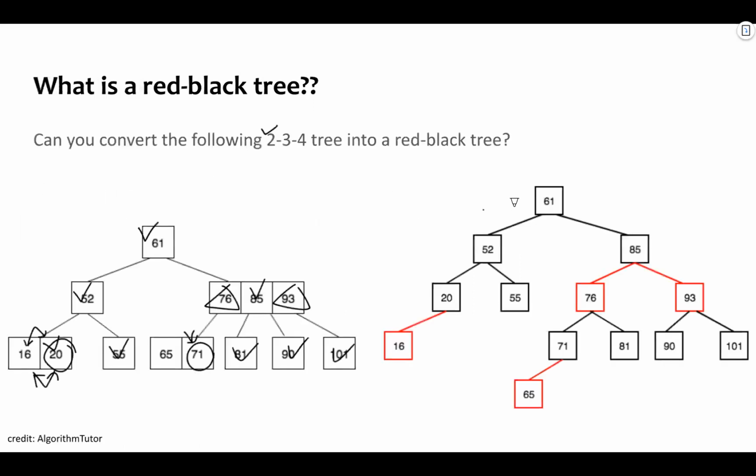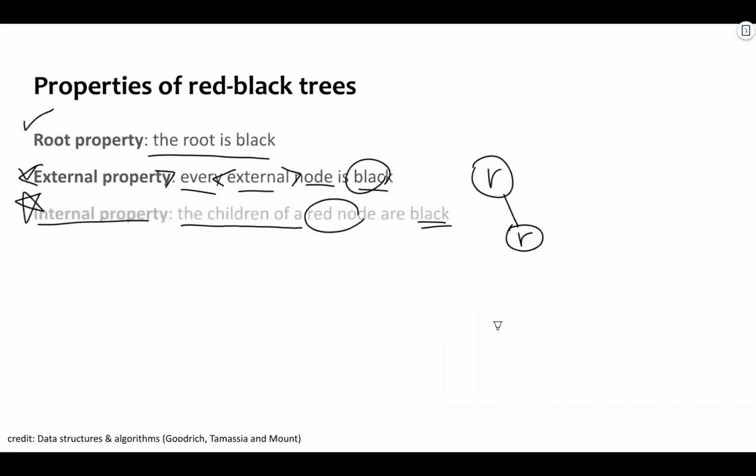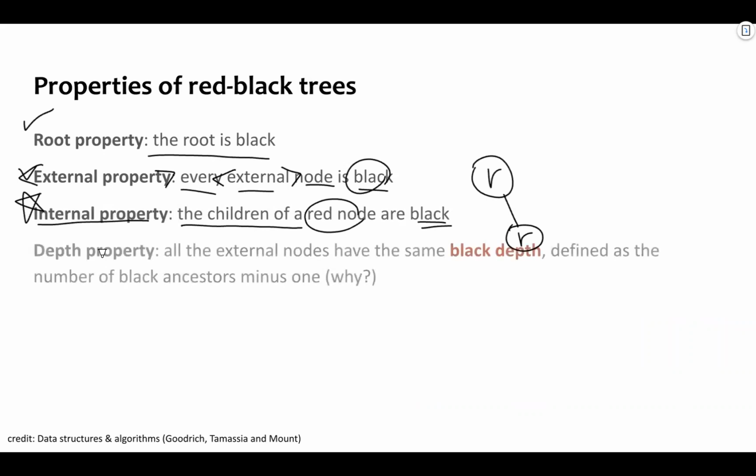As you can see here, after red, there cannot be another red following. However, the sibling can be either red or black. It doesn't matter. However, in the relationship between parent and child, two consecutive red nodes cannot occur. So this is the internal property.